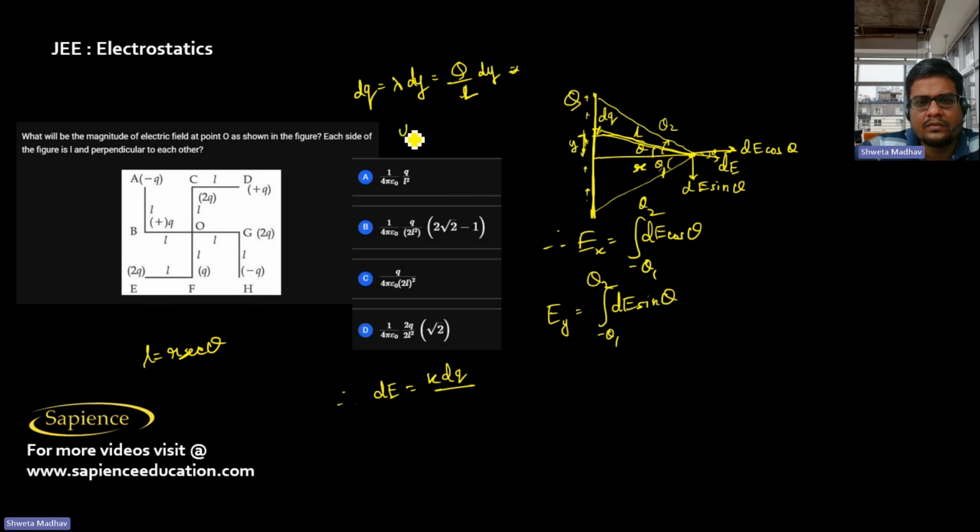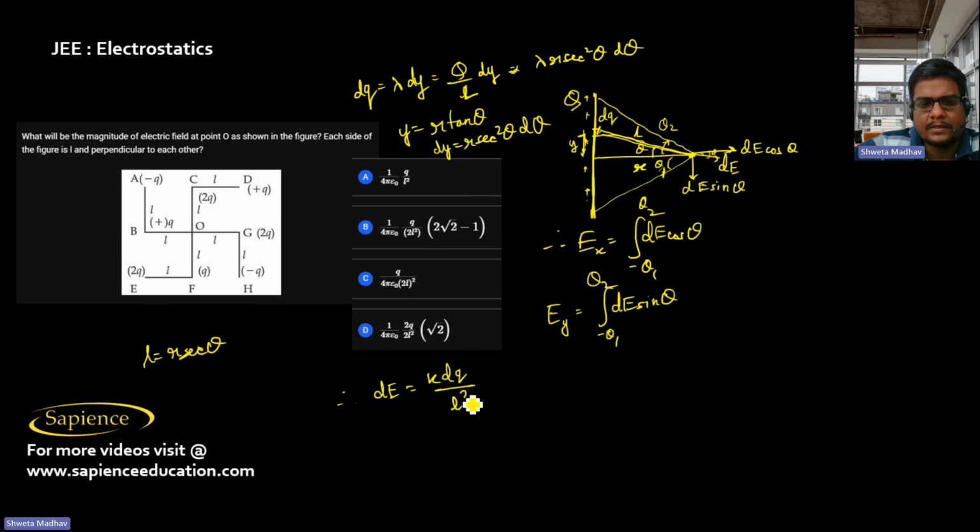Now y is equal to r tan theta, since y by r is tan theta. So dy will be equal to r secant square theta d theta, since d by d theta of tan theta is secant square theta. So dq will be lambda r sec square theta d theta.